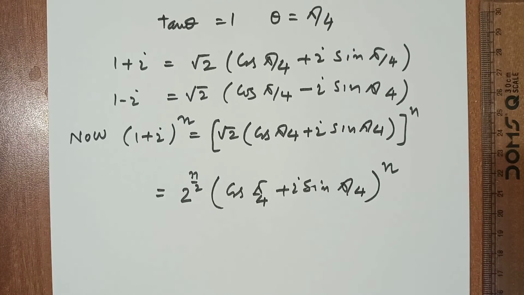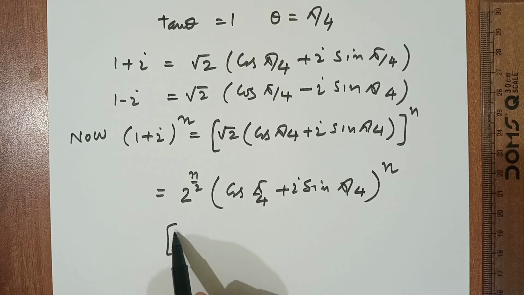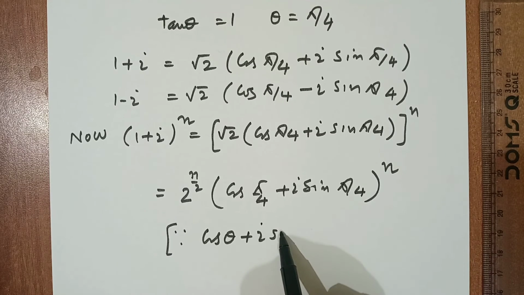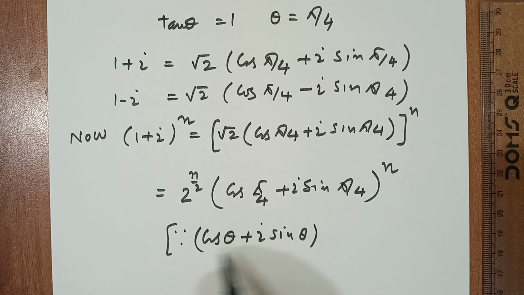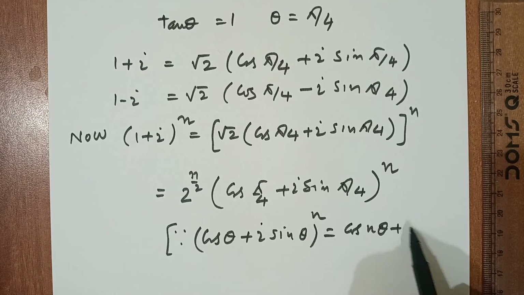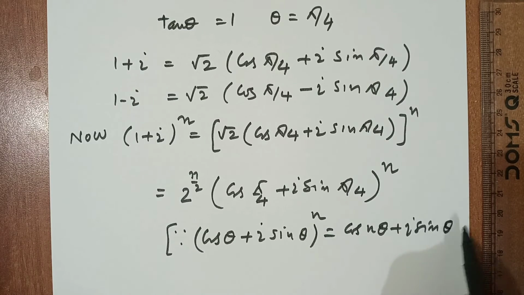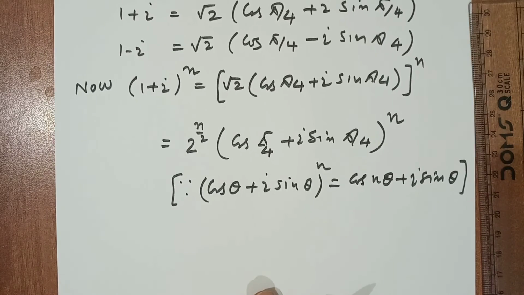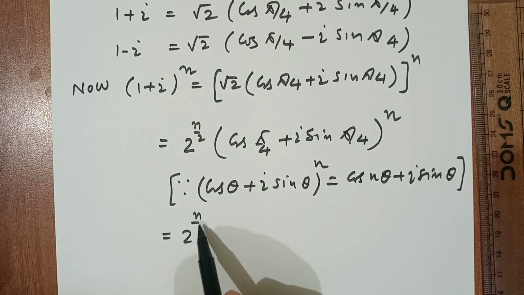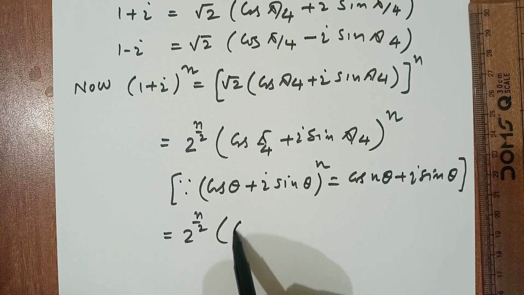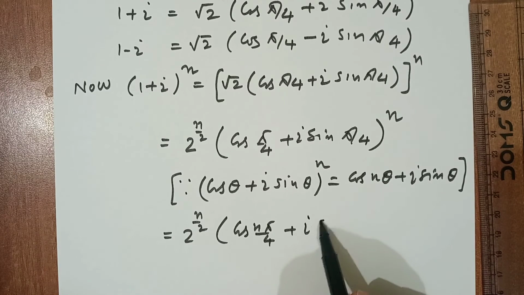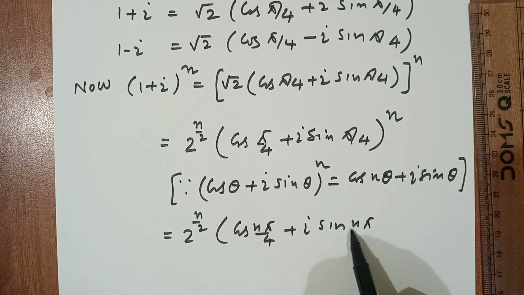By de Moivre's theorem, we have (cos θ + i sin θ)^n is equal to cos nθ + i sin nθ. So by using this de Moivre's theorem, this is equal to 2^(n/2)(cos nπ/4 + i sin nπ/4).